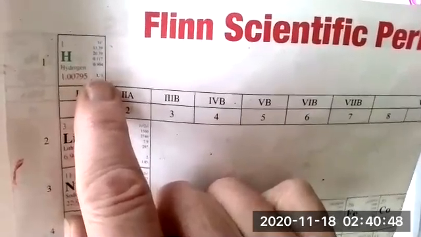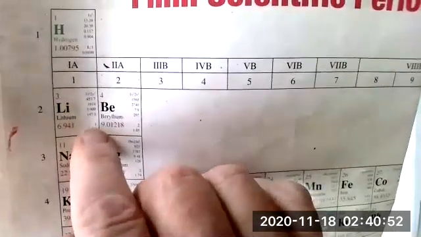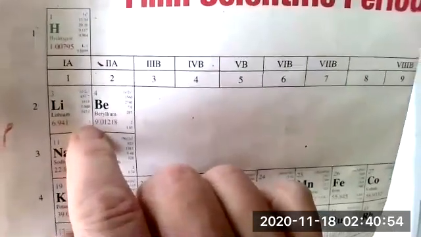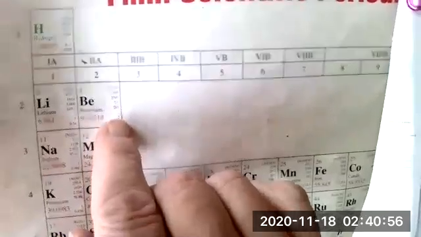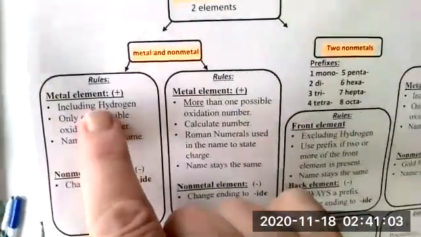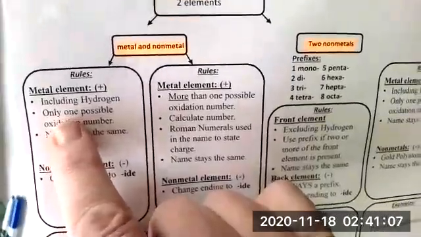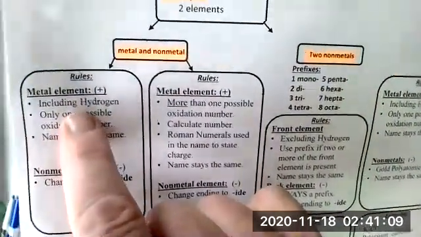One possible positive oxidation number. He's in the same boat as lithium. Only one possible positive number. Same as beryllium. One possible positive number. So that means, my friends, that hydrogen is one of these. And he does have only one possible oxidation number. He is one of these.